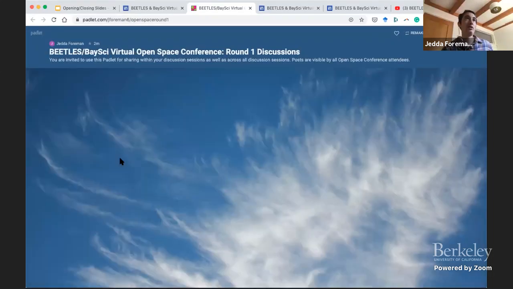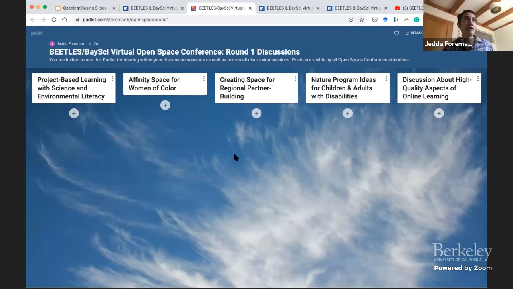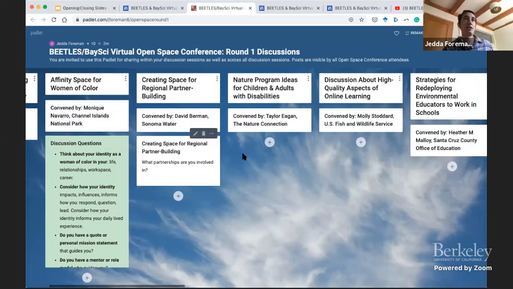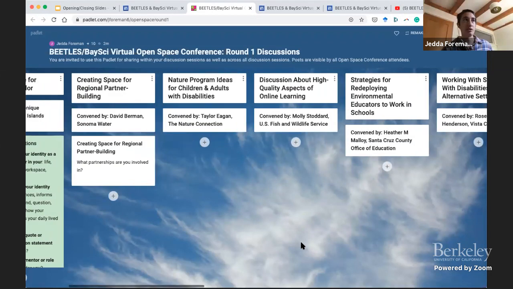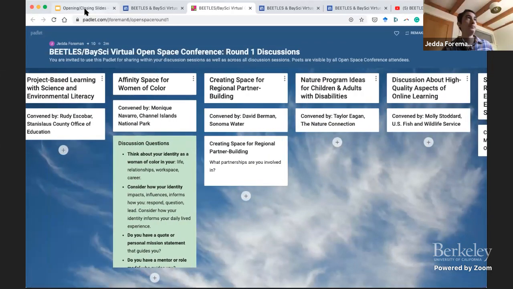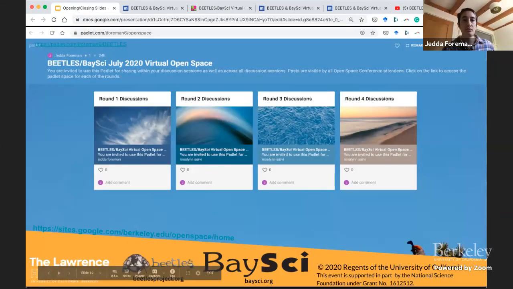Once you're in the round 1 Padlet, for instance, you can scroll across to find the session that you're in, and everyone will be able to take notes in a vertical column for the session that they're in, or use it to share resources, etc. We will share out this Padlet at the end so that everyone has access to it as well.